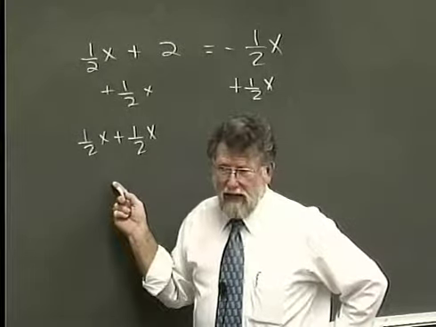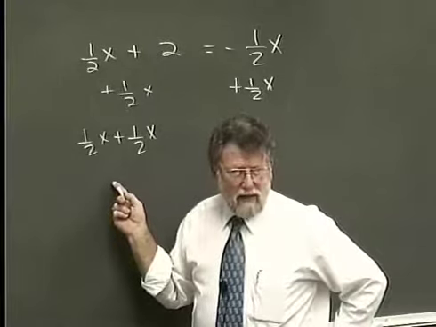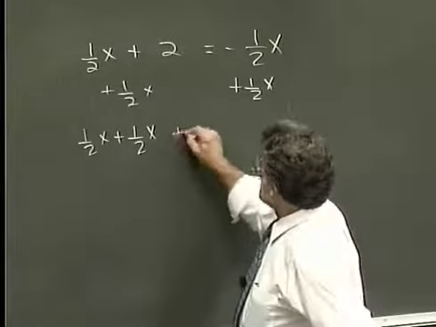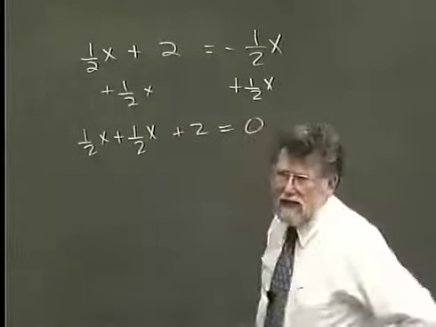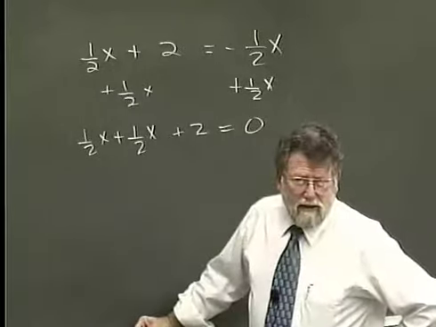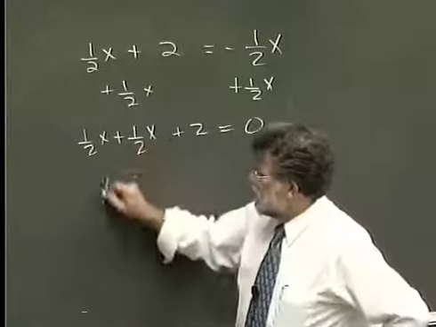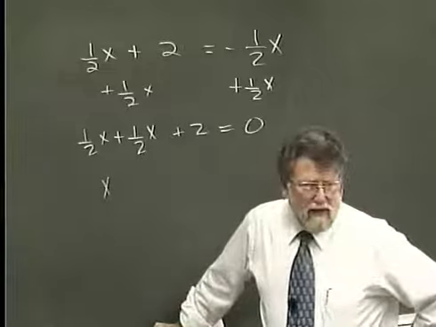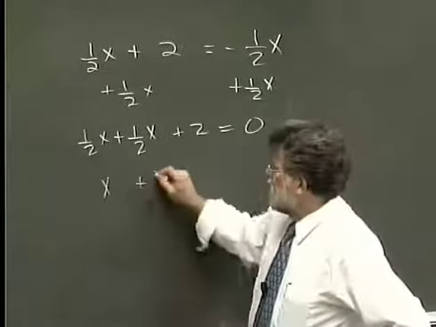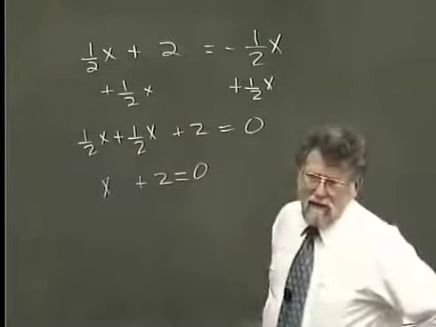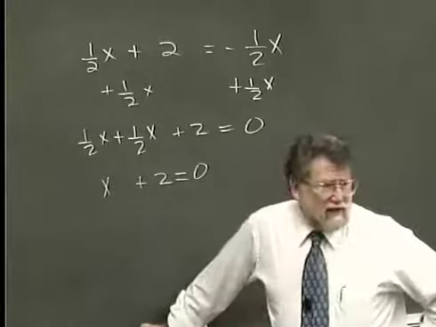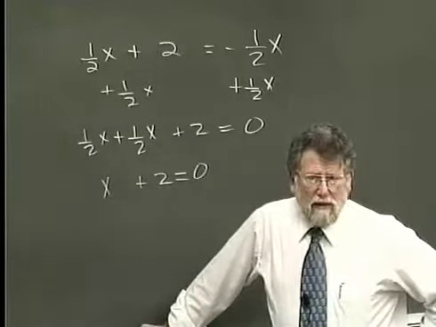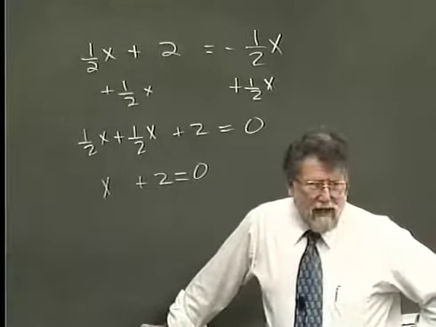True? 1/2 x and 1/2 x will give you x. 1 times x. But you still have the 2 here, and now you have the 0 on the right side. Now, this becomes, using the distributive property, just x, and I have plus 2 equals 0, and then, of course, it's pretty obvious x should be what? -2 if you're going to have a solution.